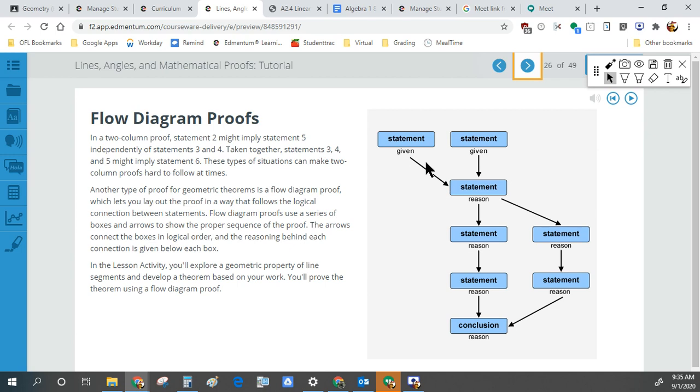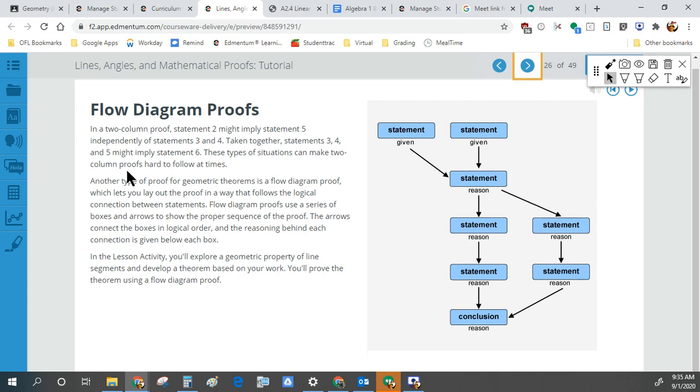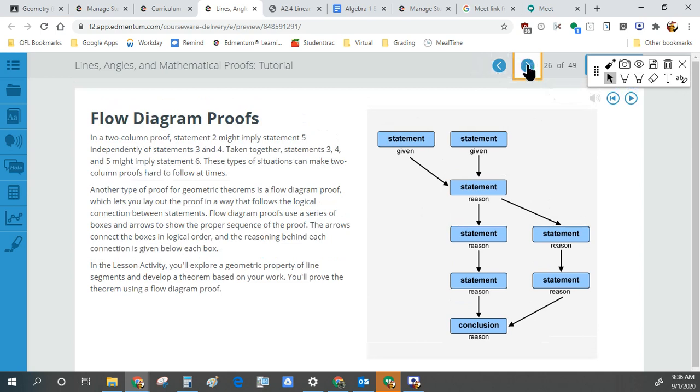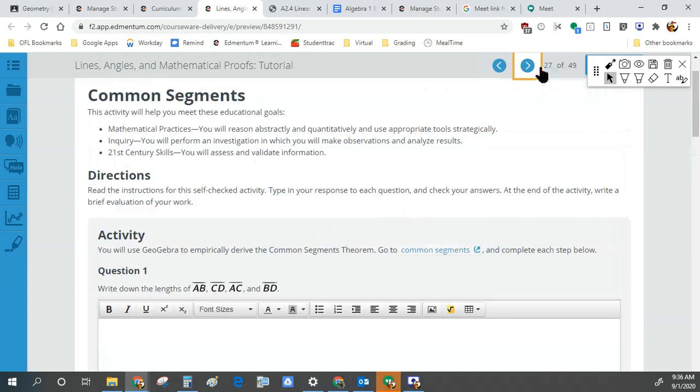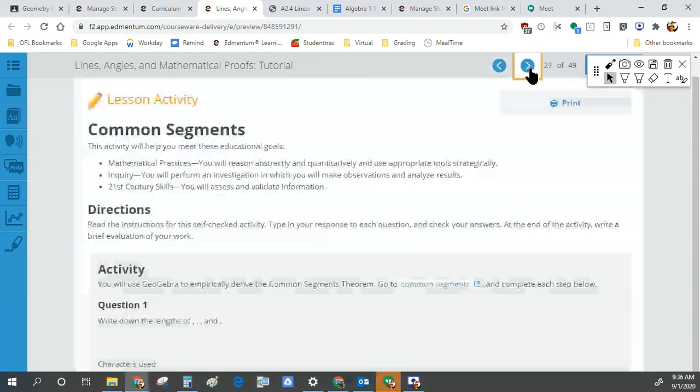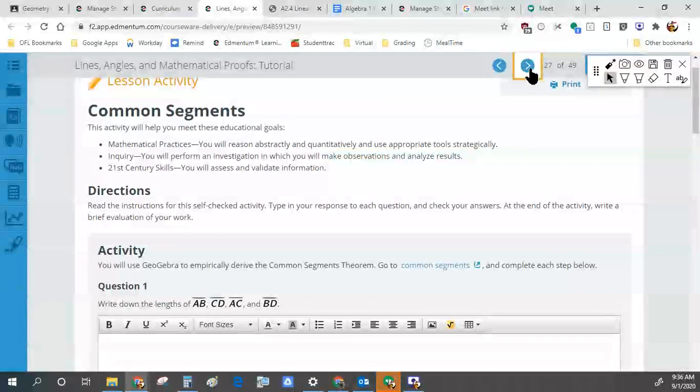Statement, reason. Those two statements will lead up to another statement that'll come. And I'm going to try to do the proofs a lot during the actual tutorial, so hopefully that'll help you guys get accustomed to it. You guys are lucky because you're starting from unit 1. There's a lot of students that are using Edmentum second semester and they have to do the proofs and it's really hard because they didn't get this slow ease into it.